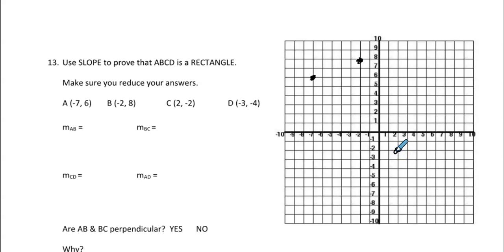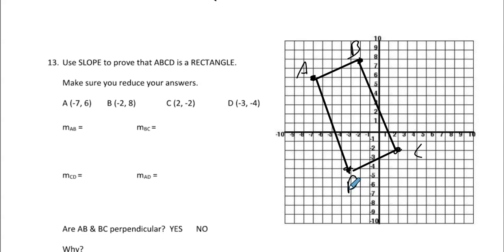And -3, -4. Do your best to draw straight lines. And there we go. Okay? Now we're going to label them A, B, C, D. Now we're going to find the measure of AB. It tells us right here what to do.